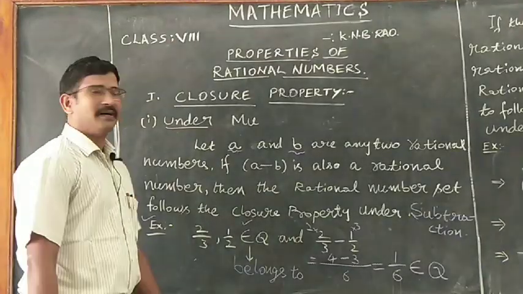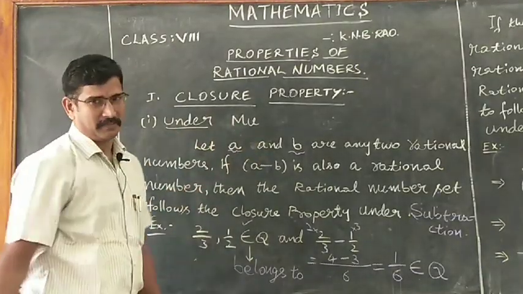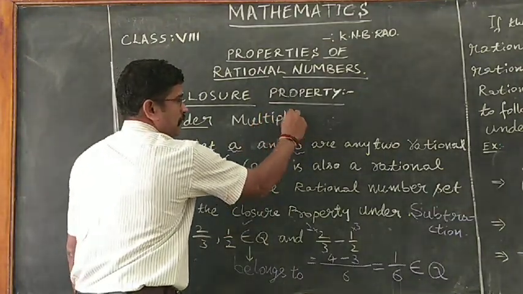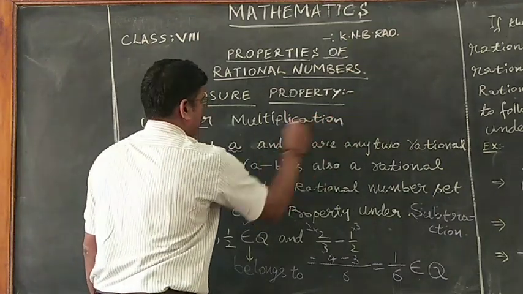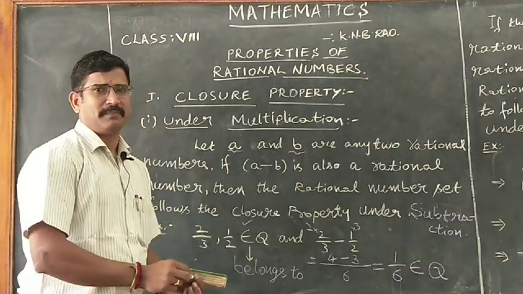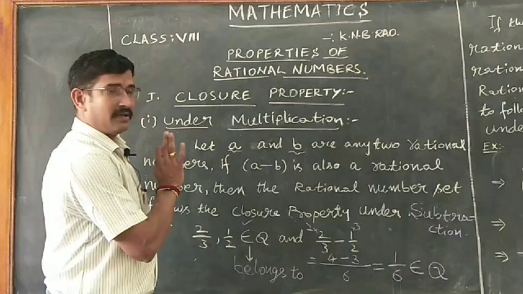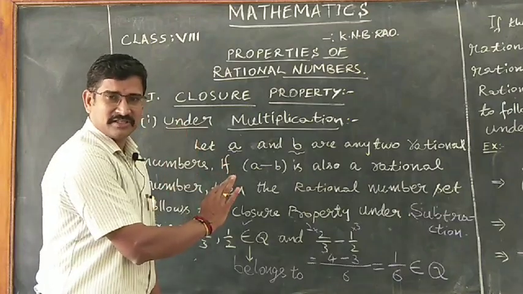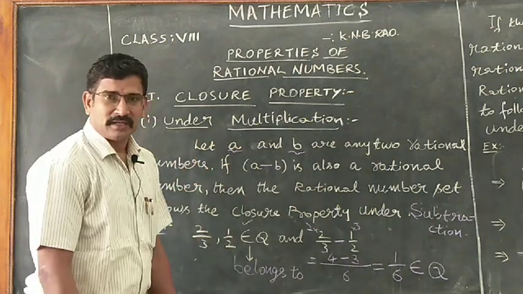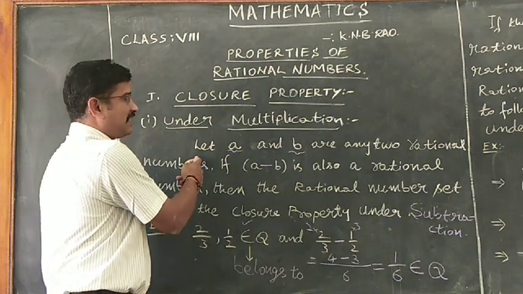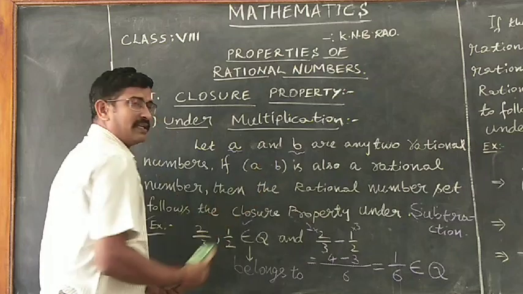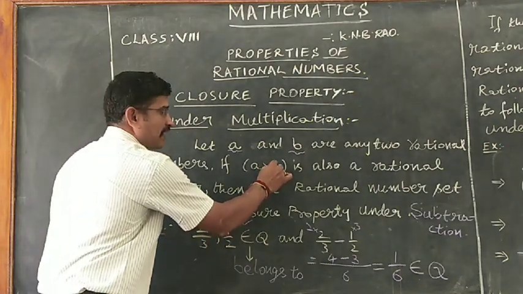Children, now we will learn closure property under multiplication. I will make little changes again, so that you remember the crux of the definition in one way. Mathematically, closure property under multiplication goes like this: let a and b be any two rational numbers. Under multiplication, here I will take a into b.